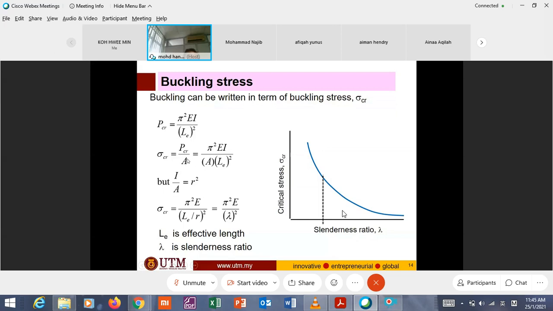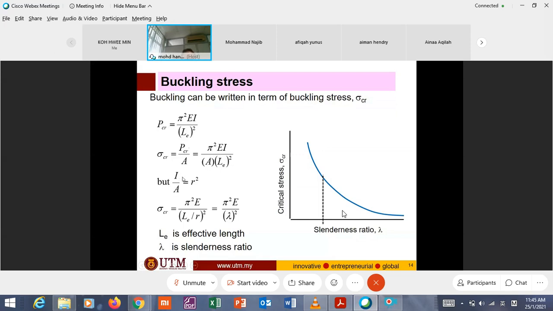And what are A, EI and L? The relationship is given here. You substitute P critical into this one, and you'll get this value.